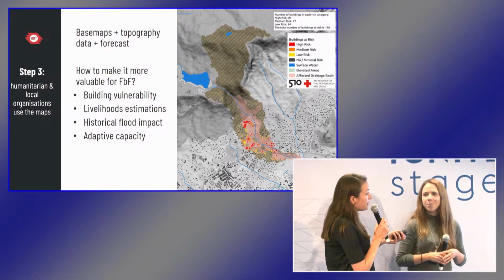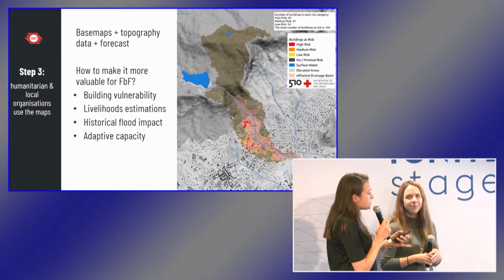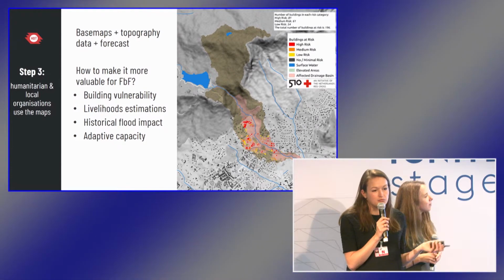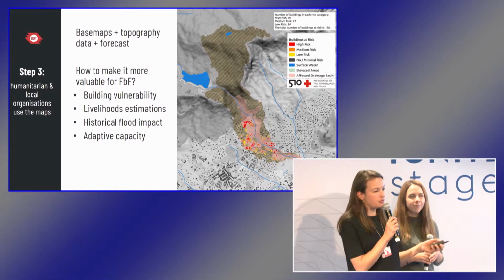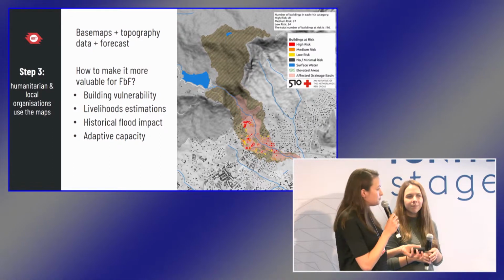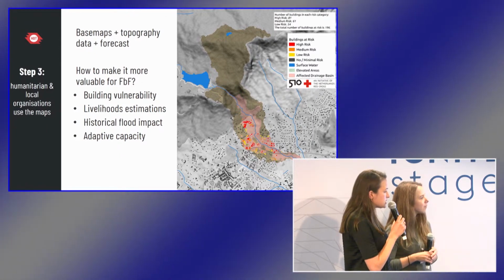So this example here is a really nice simple map that just shows base maps, topography, and a weather forecast to say what levels of vulnerability do different people in this community have, and therefore how can we actually do some early action and try to support them before that disaster happens.